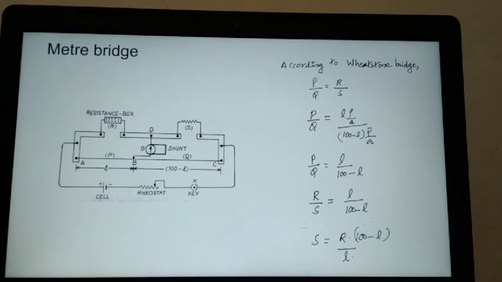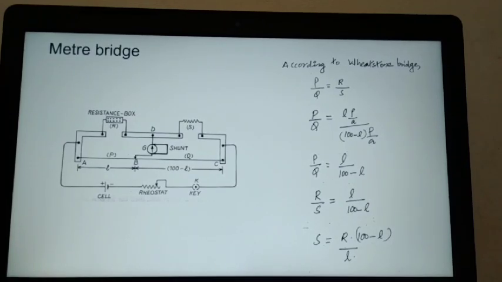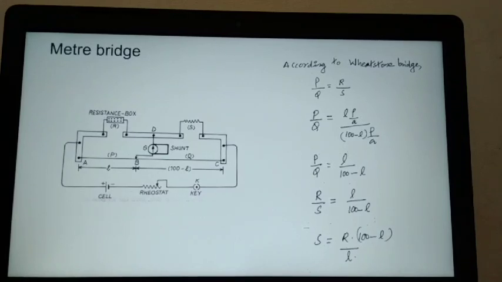The point on the 100 centimeter conducting wire where the galvanometer shows 0 deflection is known as the null point. In the diagram, at the point B the galvanometer shows 0 deflection, at the center, which means B is the null deflection point.